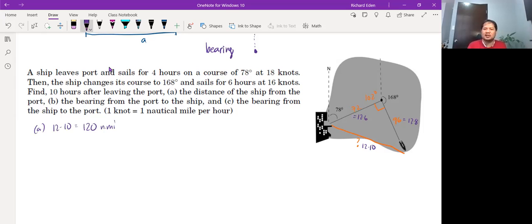So kunwari, start is here, and then go here, destination. The bearing would be the angle from the northern line going to the destination. So this would be the bearing. Clockwise. If you try to decipher it from how 78 degrees and 168 degrees were measured, it's clockwise.